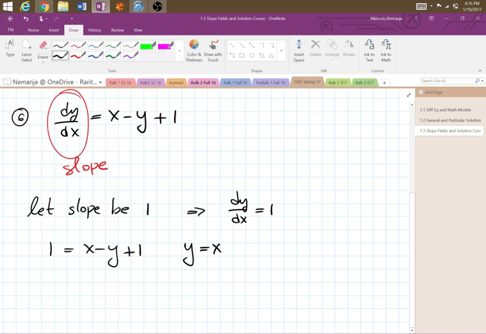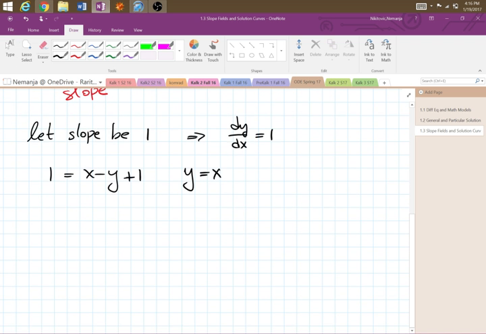Well, this is a very special line. Does anyone know the name of it? Yeah, it's fine. Good. And I can draw that line. So this is going to be my solution now. I can draw that line dashed.